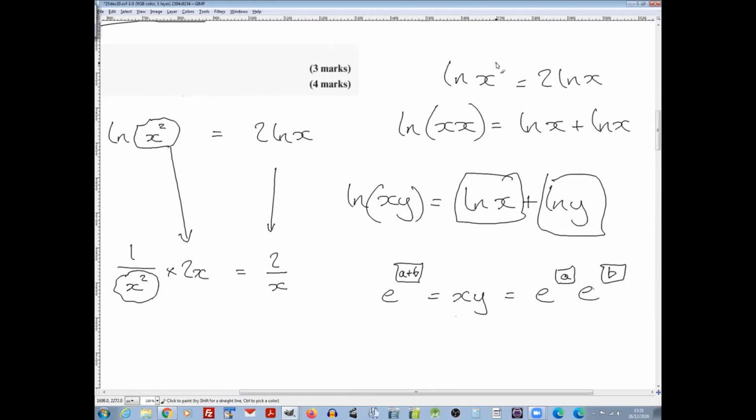Log of anything to a power, you can send the power around to the front like that. Right. Okay. Log of a to the b in general becomes what? B log a.